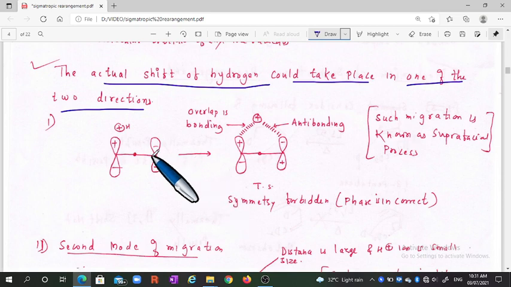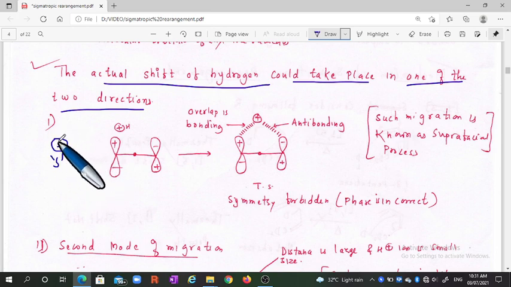The first possibility is that it will migrate that way. But hydrogen has only an s type of orbital, and for an s orbital only a positive phase is present.